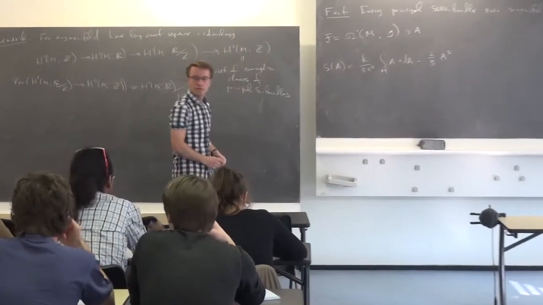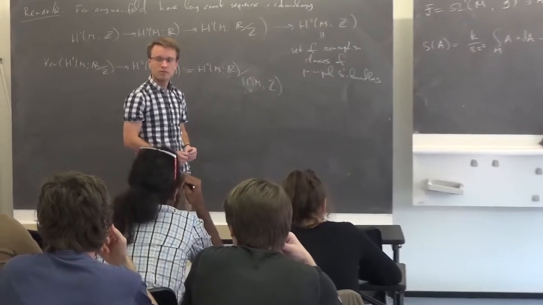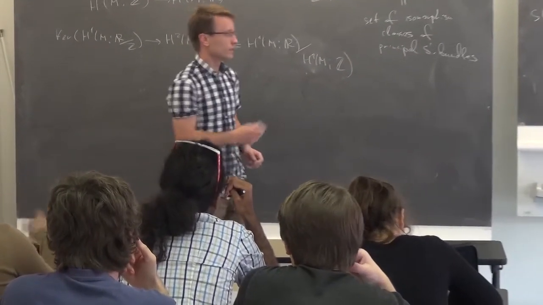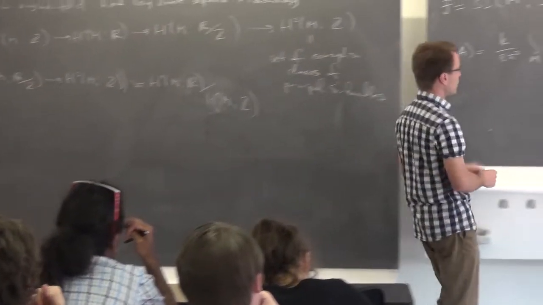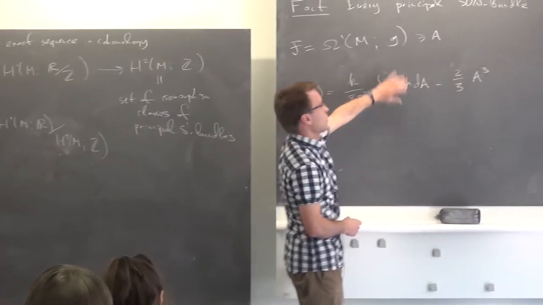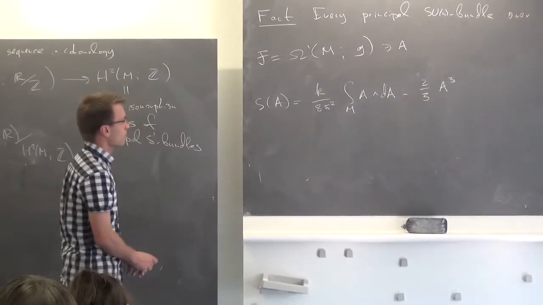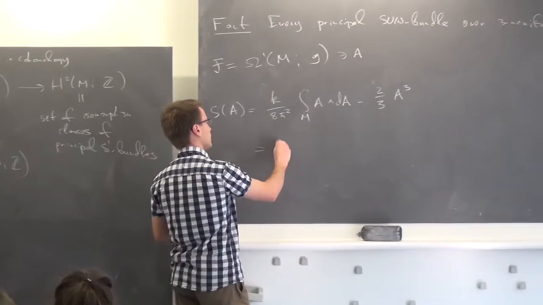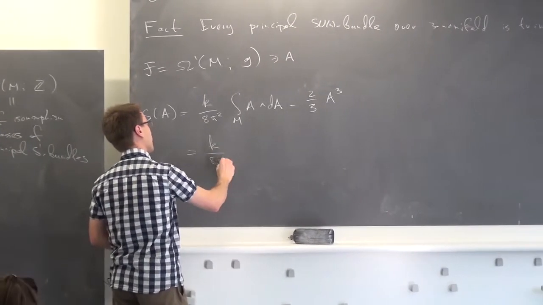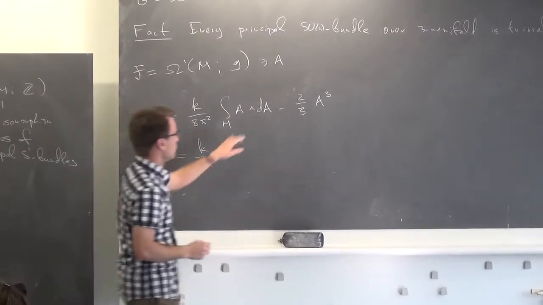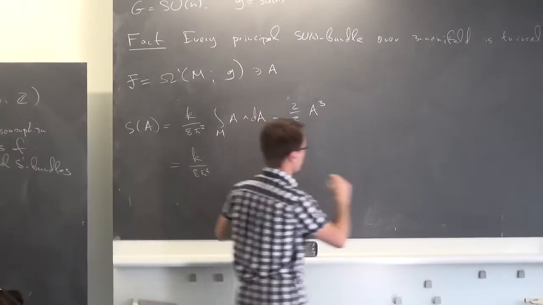And this A cubed is a half A wedge... Oh yeah, I'm going to mention that. So let me write the same expression in 2 different ways. First of all, I'm going to write it in terms of the curvature.